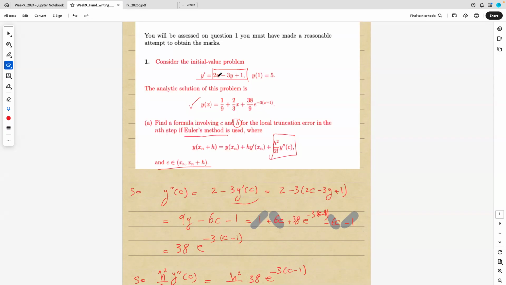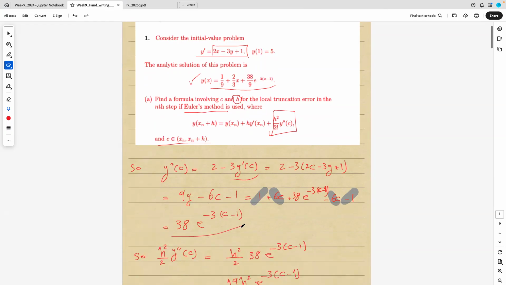It will be 2c minus 3y plus 1, which is also written here. Then rearranging, we can get this one. Or you can just take derivatives twice from this expression and you will get the same result.